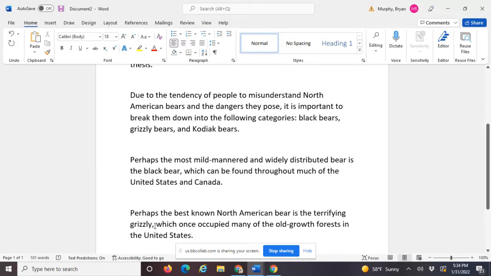Let's see, perhaps the best known North American bear is a terrifying grizzly, a massive animal which once occupied many of the old growth forests in the United States. Here, I think we have to fix the punctuation. Okay. Perhaps the best known North American bear is the terrifying grizzly, a massive animal which once occupied many of the old growth forests of the United States.